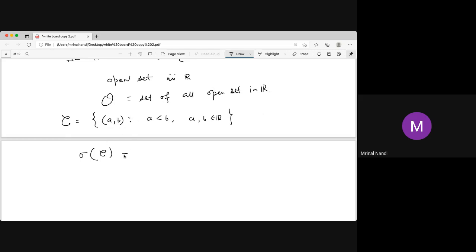You can easily check that this is actually the smallest sigma algebra containing all the open sets.